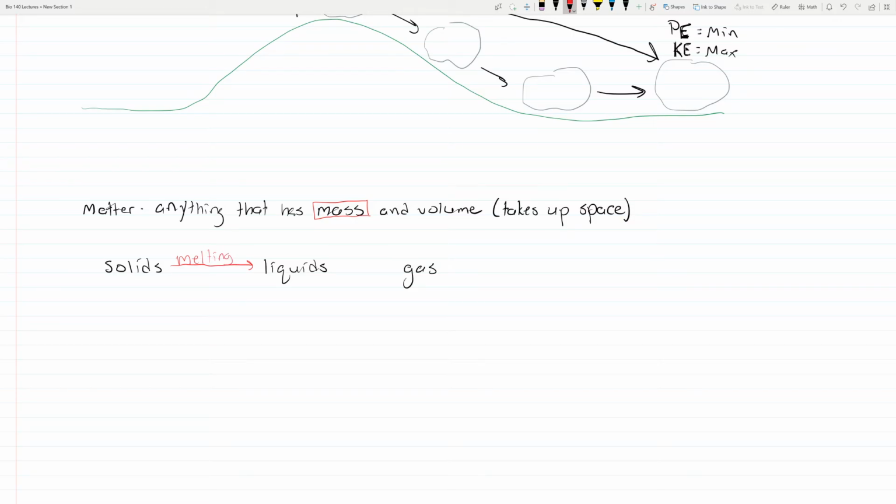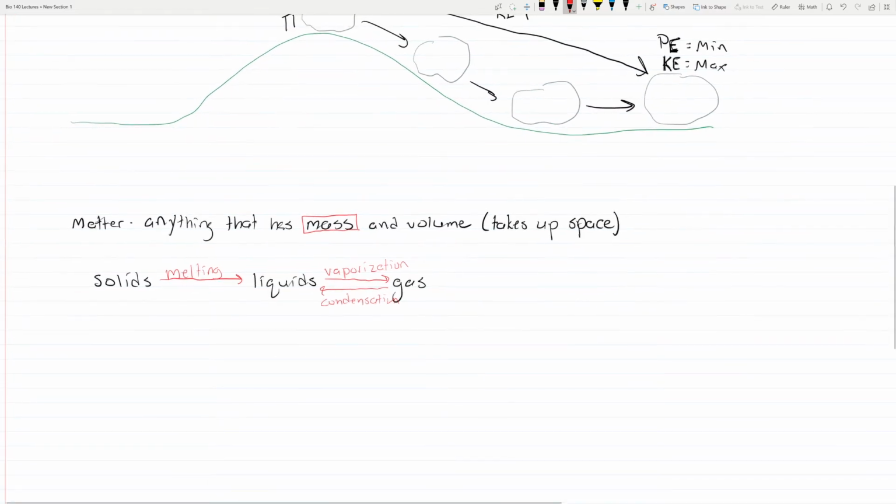You can go from a liquid to a gas through vaporization. If I go one way, I can go the other way as well. A gas can become a liquid through condensation, and a liquid can become a solid through freezing.